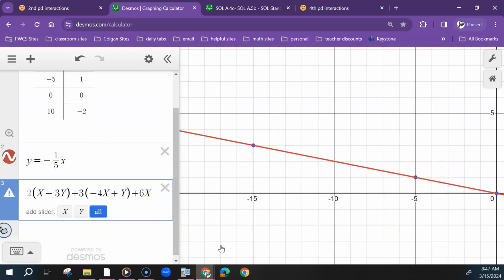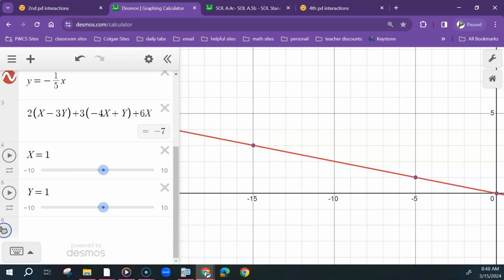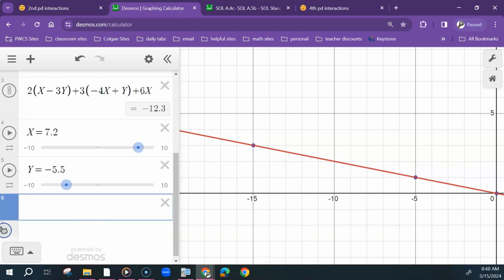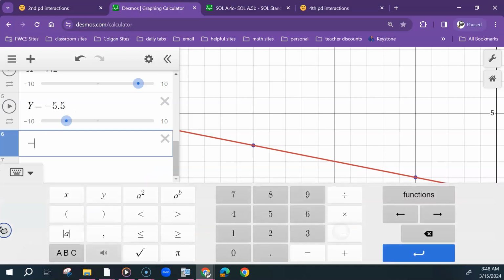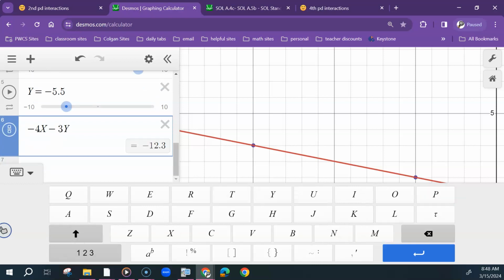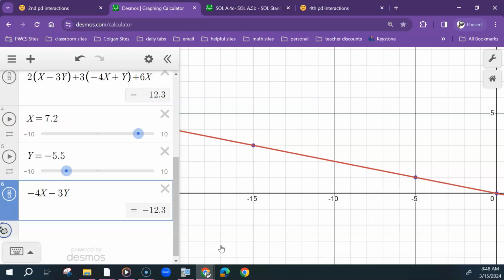If I add in sliders for everything, change them to 2 different values, it doesn't matter what they are, and then put in my final answer, negative 4x minus 3y. The decimal should give you the same thing, and that should tell you you got that right. Yes. Questions on that?